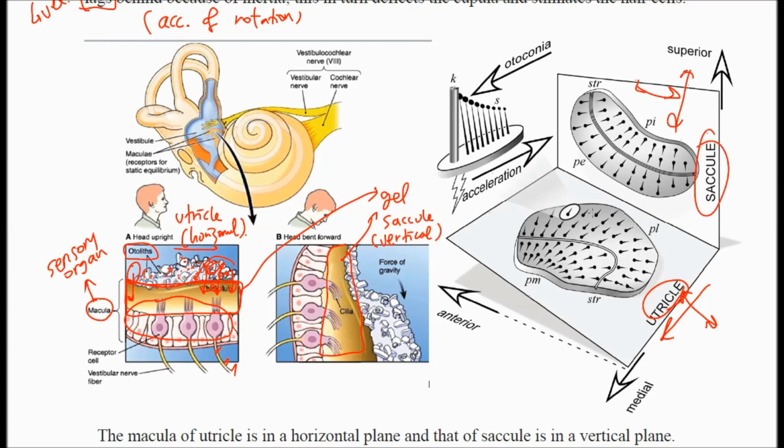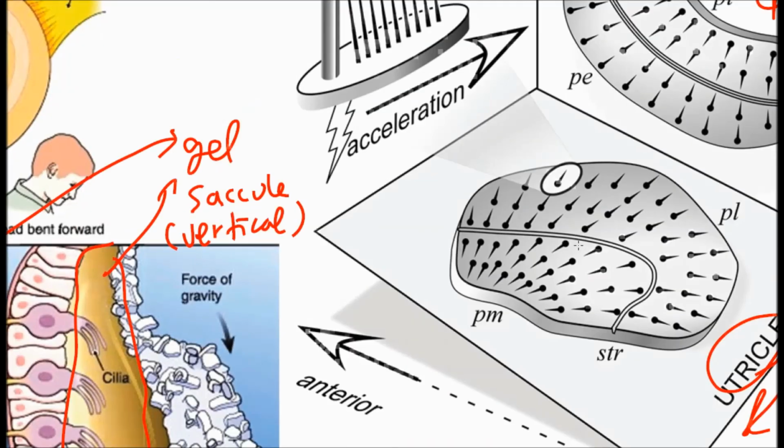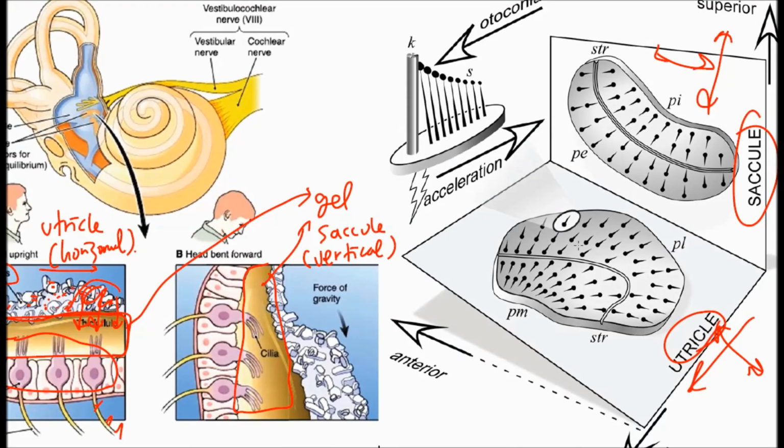And the diagram shows the symbolic representation of the arrangement of kinocilium versus the other stereocilia. So the kinocilium is the tallest one, and the stereocilia are the rest. Whenever the force acts in this direction, so moving towards the kinocilium, there will be depolarization.